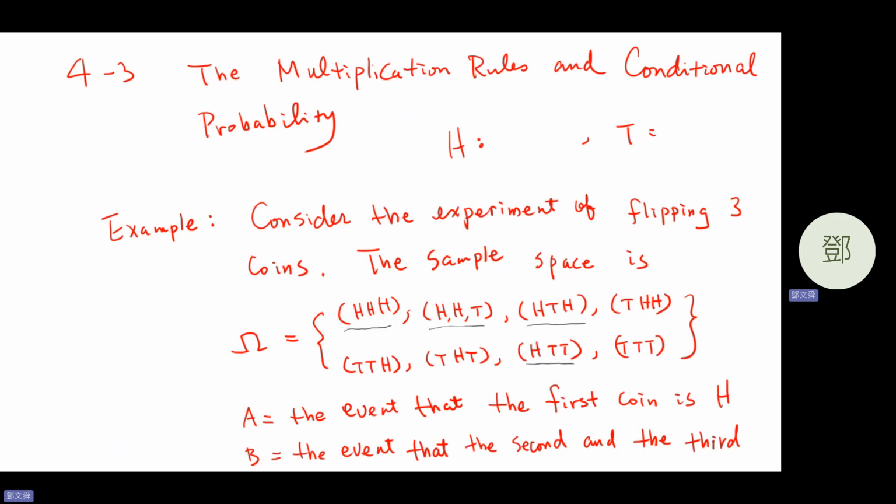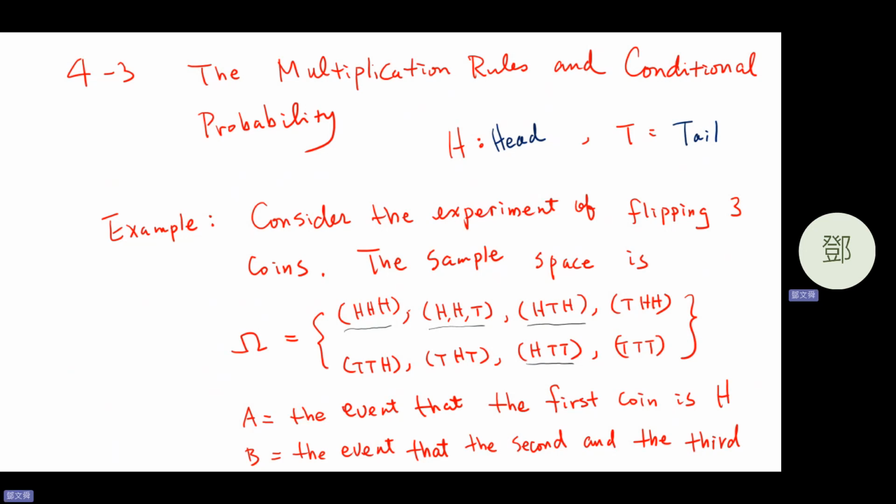Let H denote that the head of a coin appears. H stands for head, and T stands for tail.